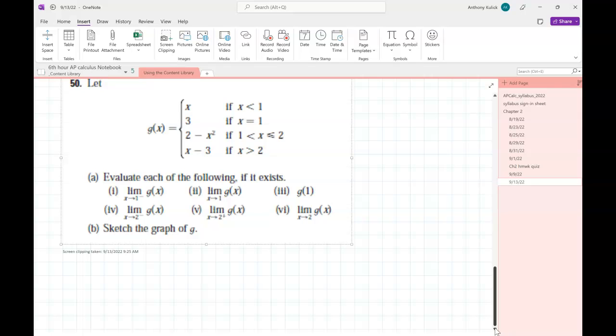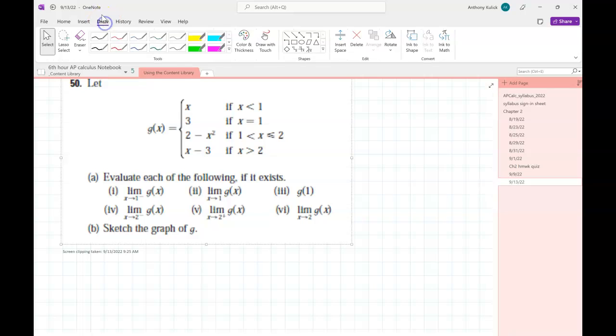Here it says evaluate each of the following if it exists, and then sketch a graph. So what I need to do is use this down here.